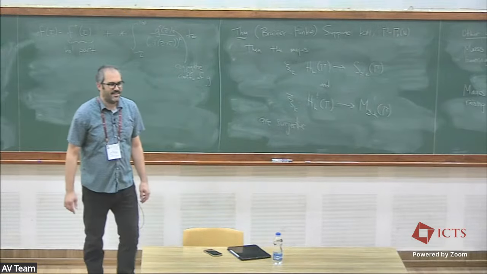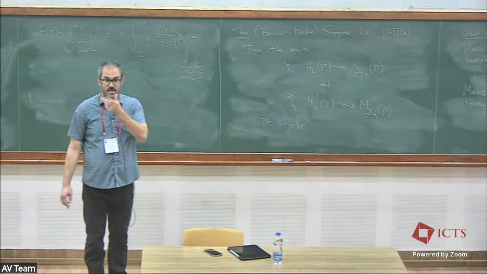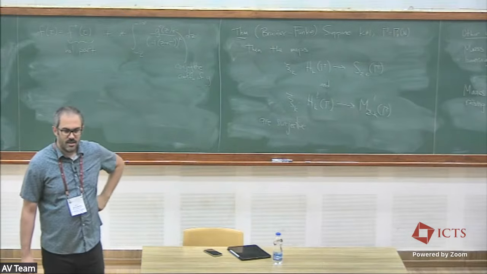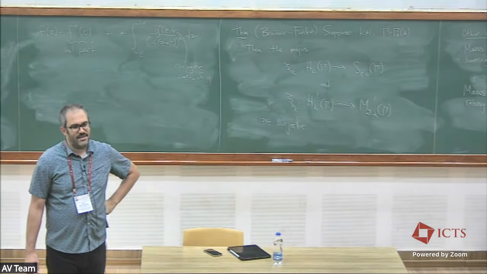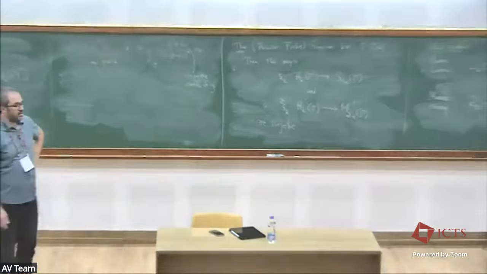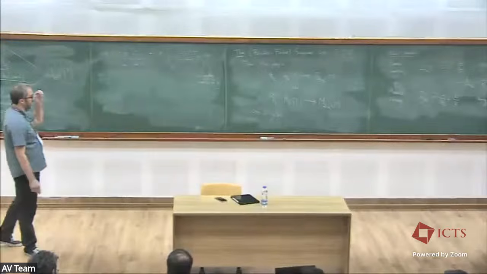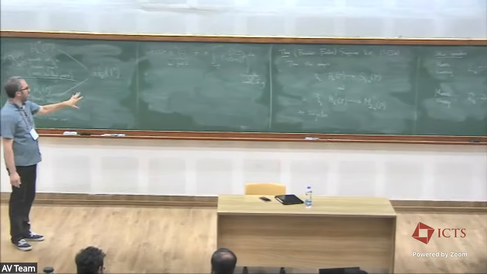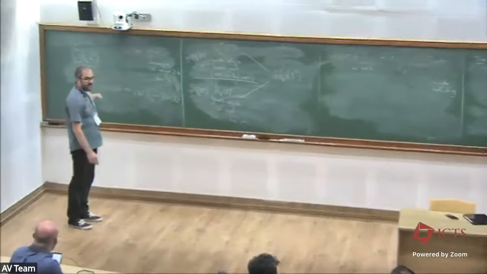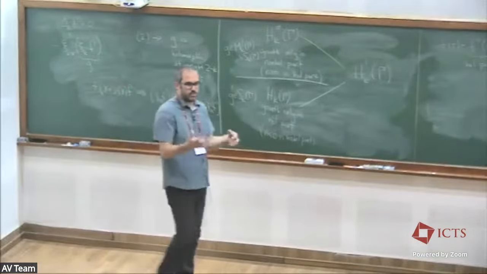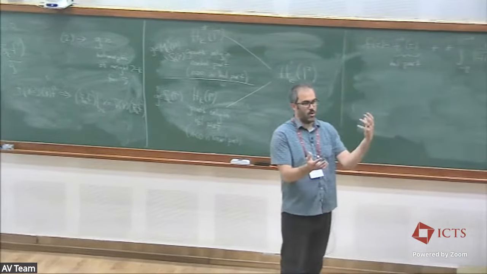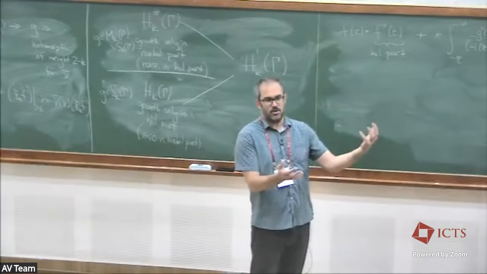Any other question, remark? Yes. Zwegers thought that the shadow name was given by him, but do you know why? Yeah, so Zwegers did call it a shadow first. And maybe I'm being a little bit historically inaccurate in calling G the shadow of F. Because to Zwegers, the shadow was really a thing that is associated to F plus, the holomorphic part, which is called a mock modular form.